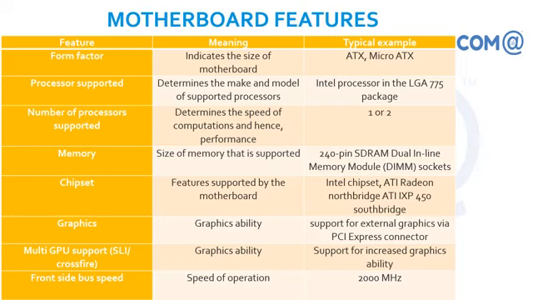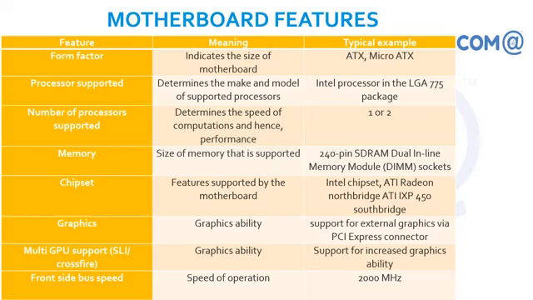Earlier it was very big. Now if you see, the desktops have become so thin, they can be accommodated in a small school bag, and with less weight also. That kind of motherboards and other components have come down with the advancement in technology.